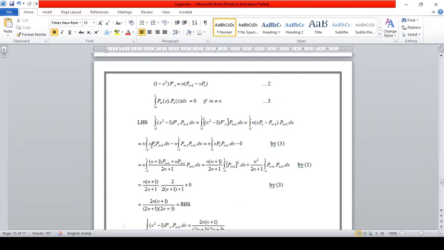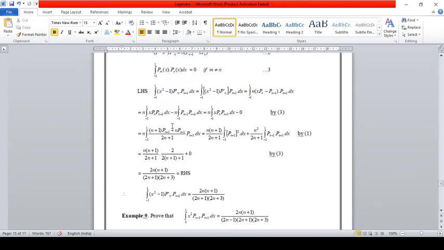So we have only the first term, n integration from minus 1 to 1 of x Pn Pn plus 1 dx minus 0.